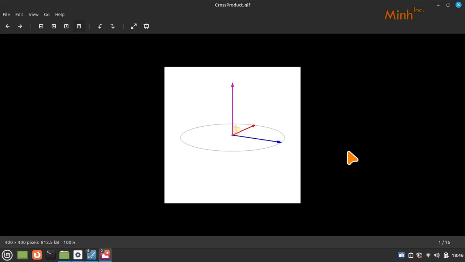Now the angle is 90 degrees, the normal is maximum. Now the angle will reduce to 180, that is equivalent to 0. No normal. Again the normal in the other direction, we call it the negative direction. Now the normal would come back to 0.